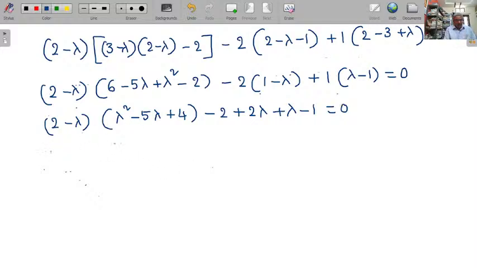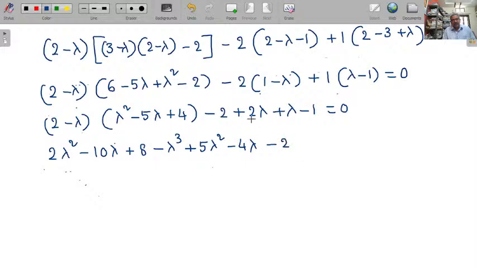So now 2 lambda square minus 10 lambda, 2 into 4, 8, that is plus 8, minus lambda into lambda square minus lambda cube minus lambda into minus lambda plus 5 lambda square, right, minus lambda into plus 4, that will be minus 4 lambda. This will be minus 2 minus 1 minus 3 plus 3 lambda equals to 0.